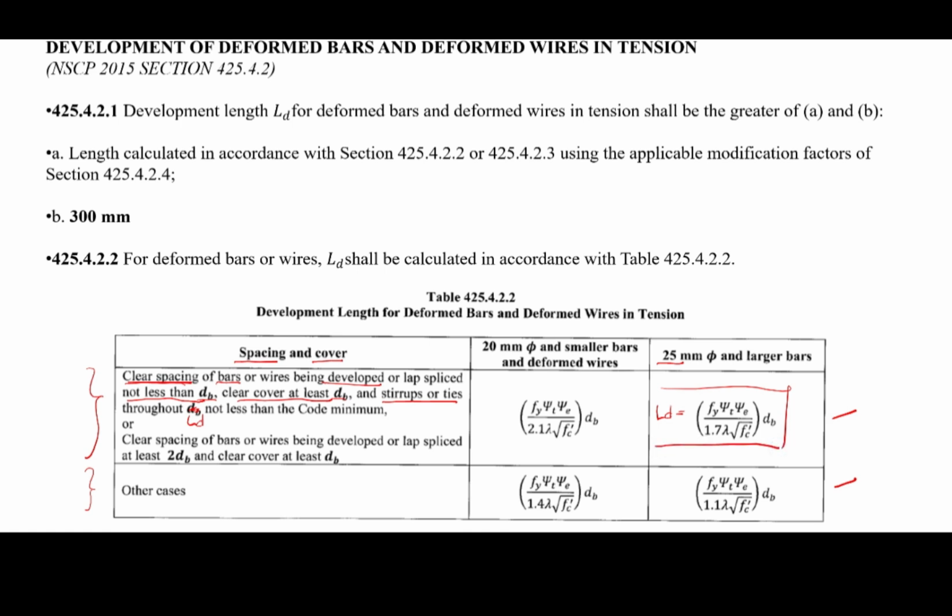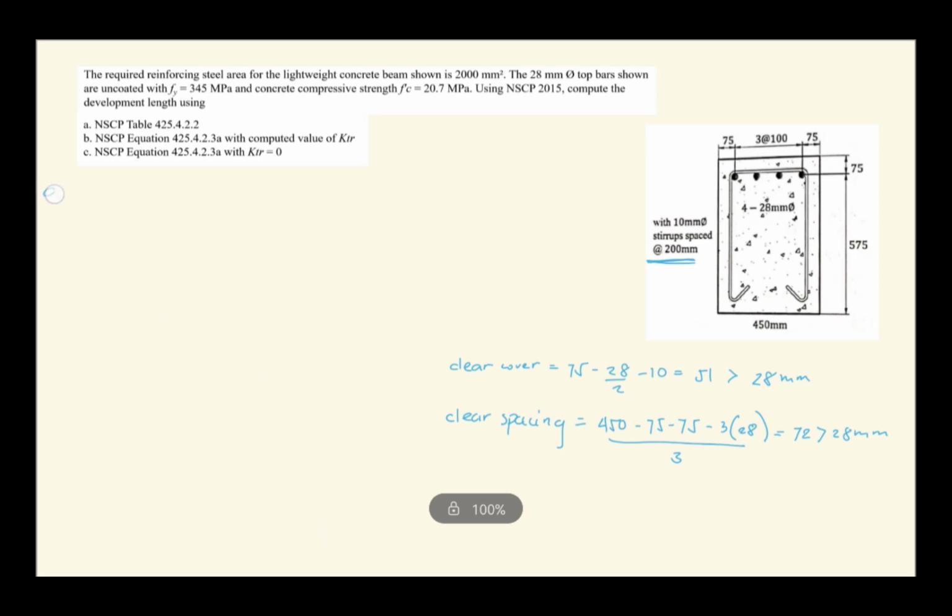Also, since the longitudinal bar diameter is larger than 25 mm, the development length is equal to Fy multiplied by dB.